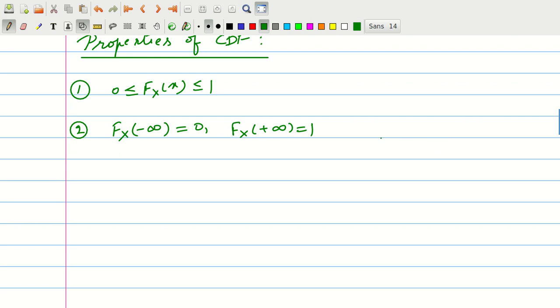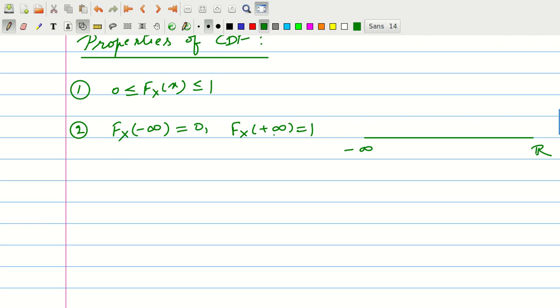That's very obvious, because say this is the real line and here it is minus infinity. F_X of minus infinity means the probability that capital X takes a value less than or equal to minus infinity. It must be 0, because probability of X equal to minus infinity is 0, the basic condition that we put on a random variable.